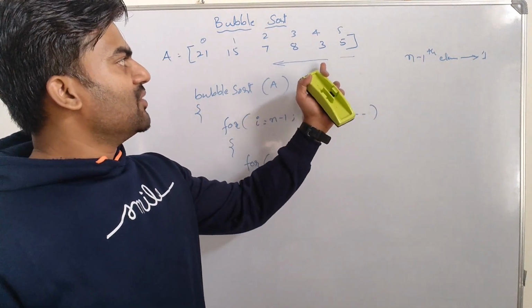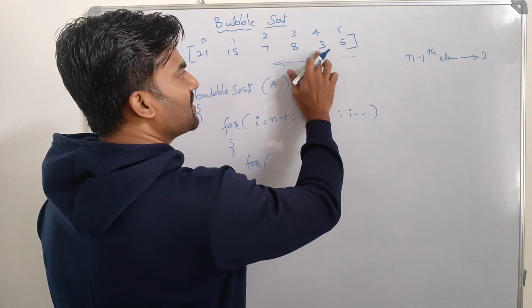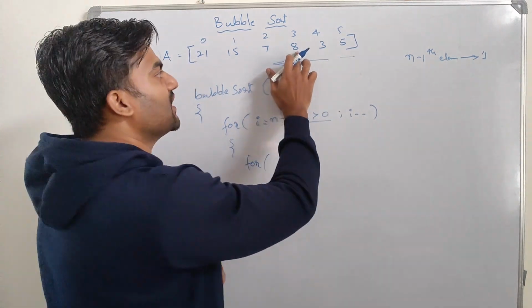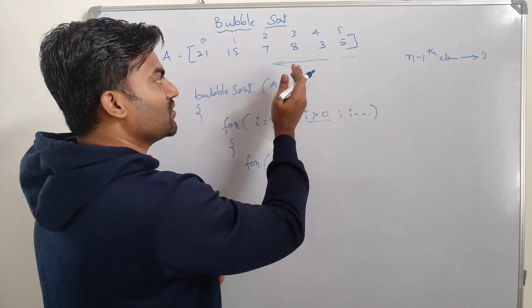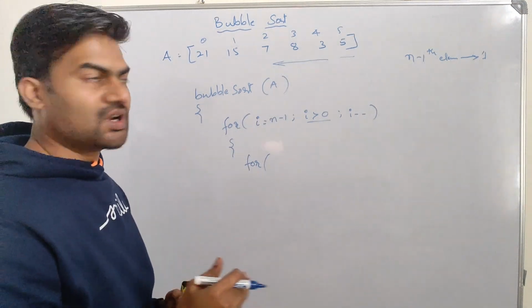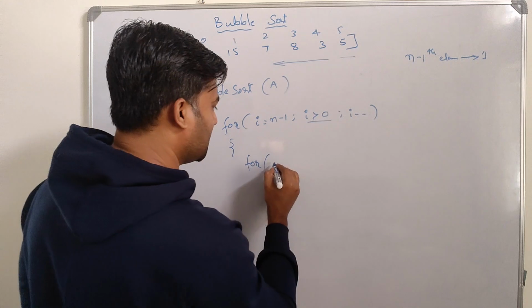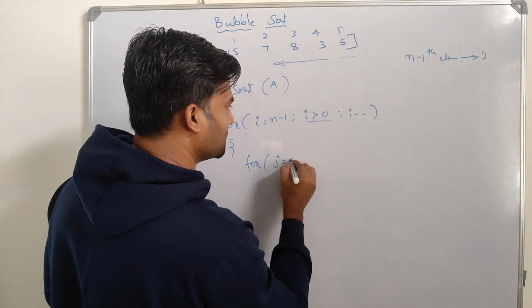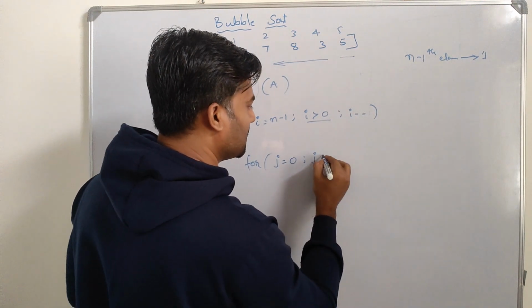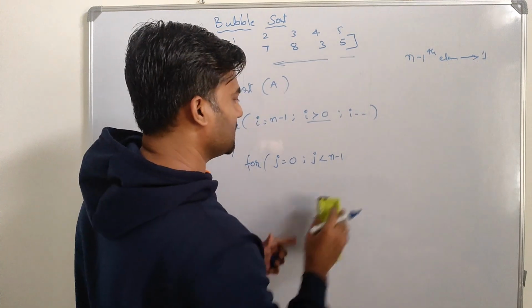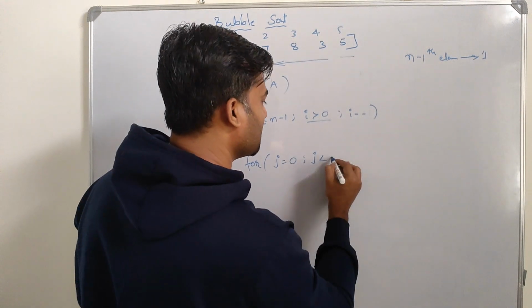For the first iteration it is n minus 2, but for the second iteration it goes till n minus 3, so one index before the last sorted value.